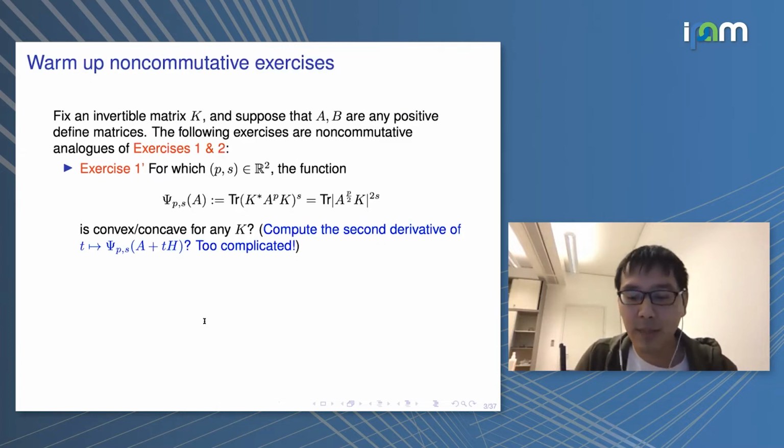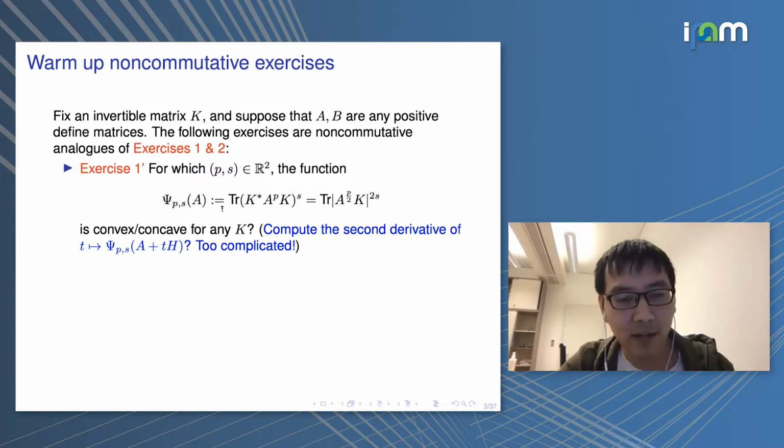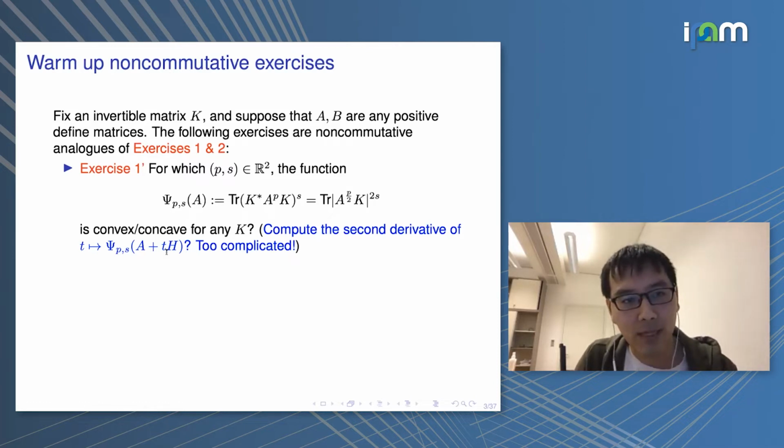But it becomes much more complicated when it comes to the noncommutative setting. So let's fix an invertible matrix K and suppose that A and B are any positive definite matrices. Then the following exercise, exercise 1 prime, is a noncommutative analog of exercise 1, which asks for which pairs (p, s) this trace function is convex or concave for any invertible matrix K. But this time you can still compute the second derivative of some functions like this, but it will be very complicated.